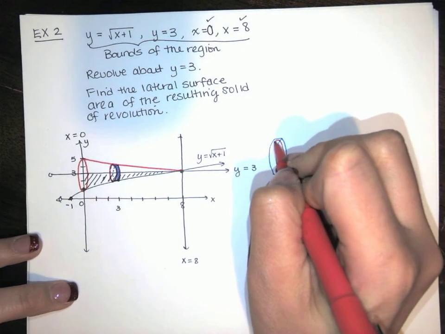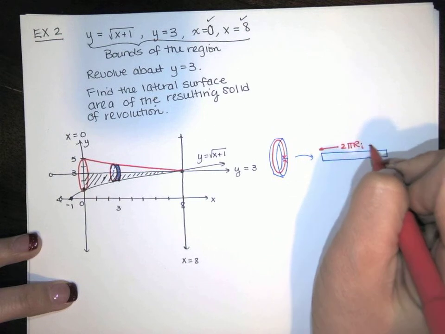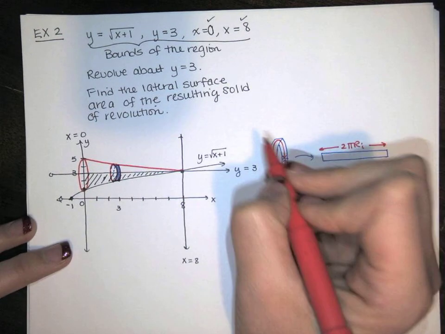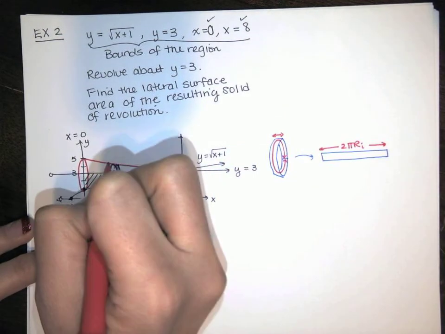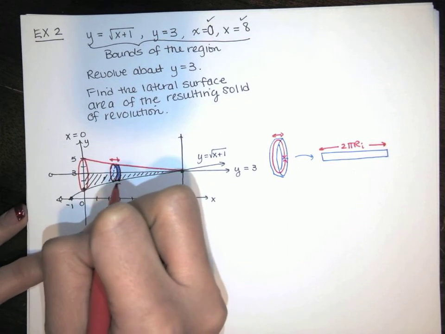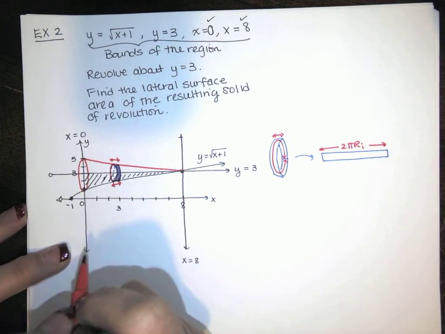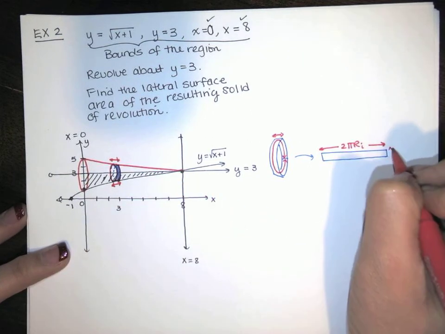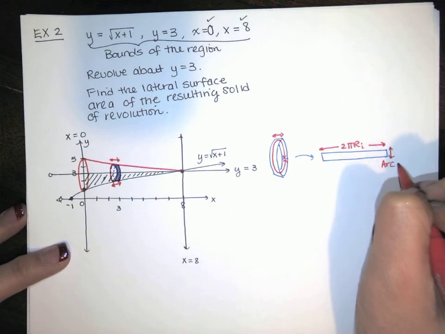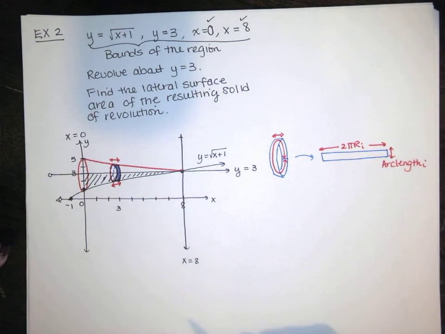It's this dimension, which is 2 pi times the radius, times this dimension, or let's actually use the original region, this dimension. So that's not delta x, even though it looks like delta x, it's arc length. And that can be in terms of x or in terms of y. Either one would be fine.